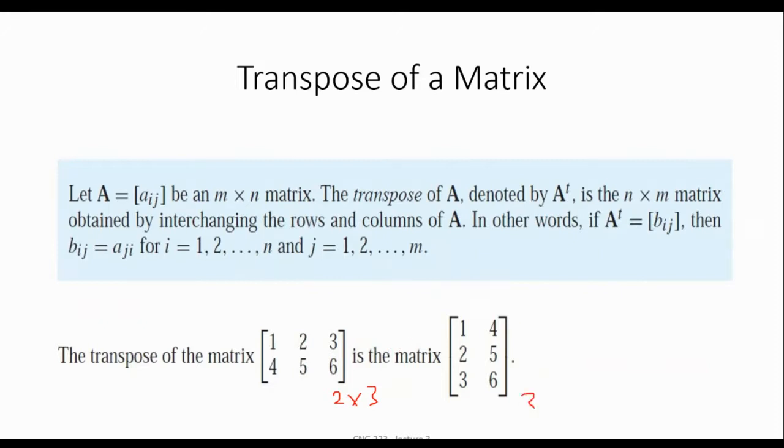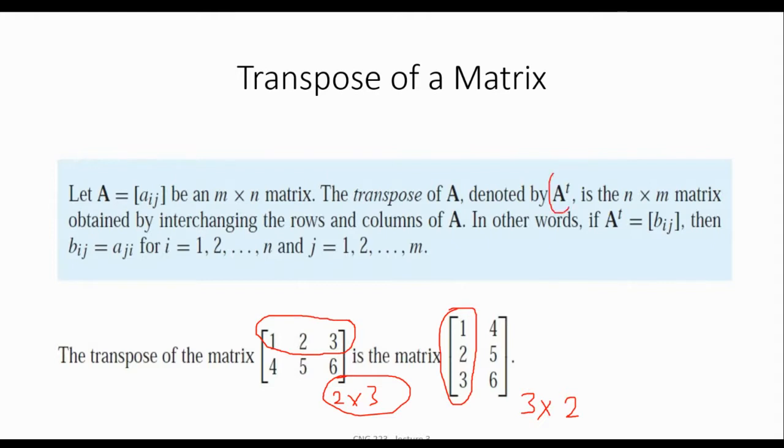So we will have here 3 by 2. You see, we are interchanging the position of row and column. So what's happening here? It means that if I consider the first row of my matrix, now I should consider it as first column.